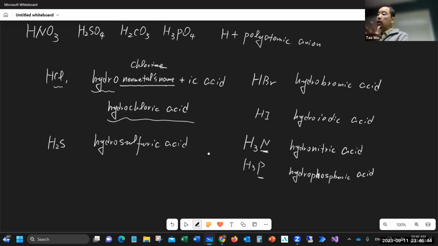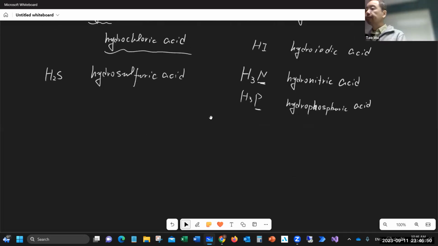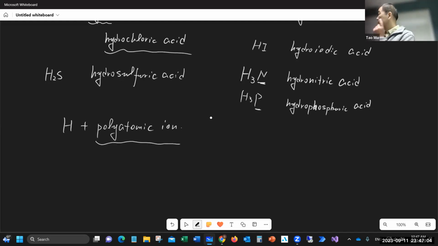This is for a monoatomic anion. Then if you have hydrogen plus a polyatomic anion, this one is pretty straightforward. But the major thing is that it really depends on the name of the polyatomic ion.